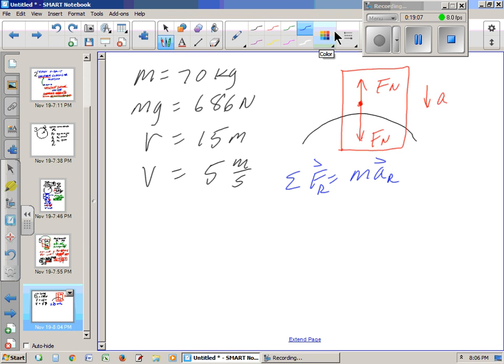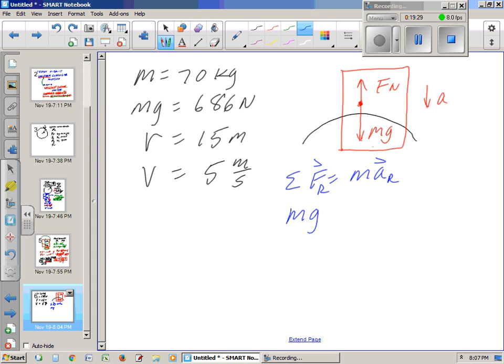So we would start writing, adding our forces together. The positive force Fn plus the negative, wait a minute, I messed up there. It's not Fn pointing down. That's mg. Okay, so let's try that again. So pointing down would be mg as a positive force.